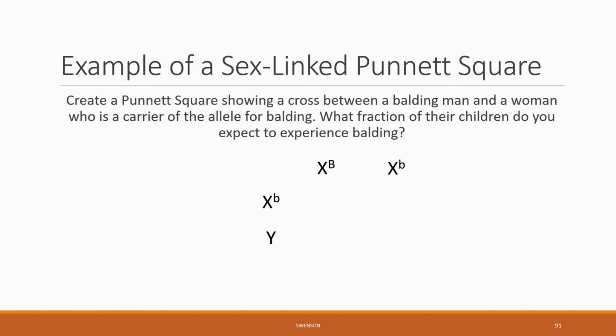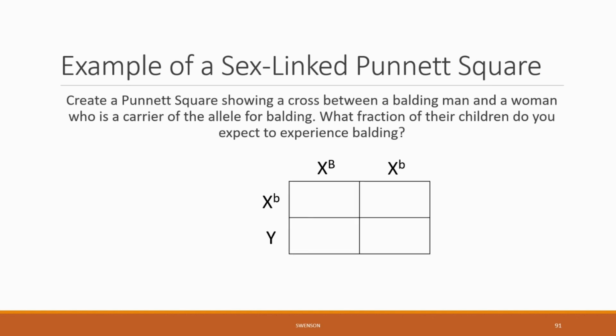Along the side, we have the paternal gametes. And remember, this allele is only found on the X chromosome, so we do not write anything down for the Y allele. In this example, the mother carries a balding allele, but is not bald because she has a dominant regular allele, capital B. The father has a balding phenotype.